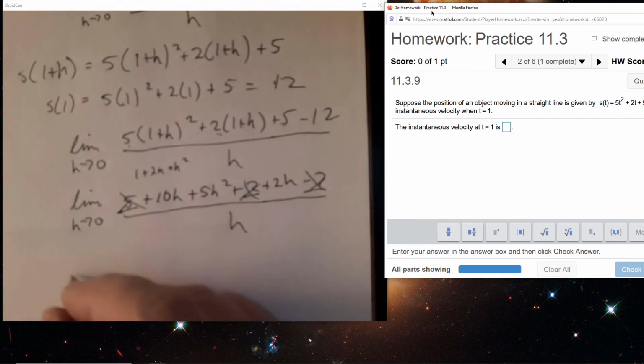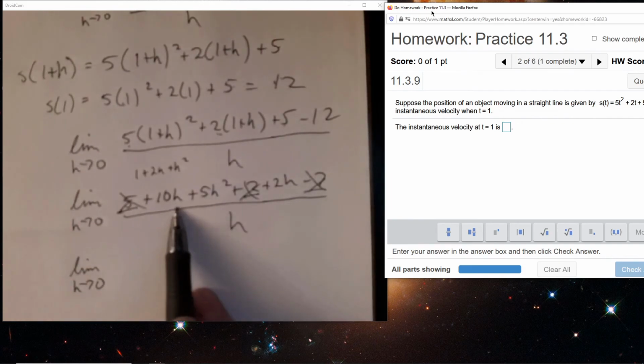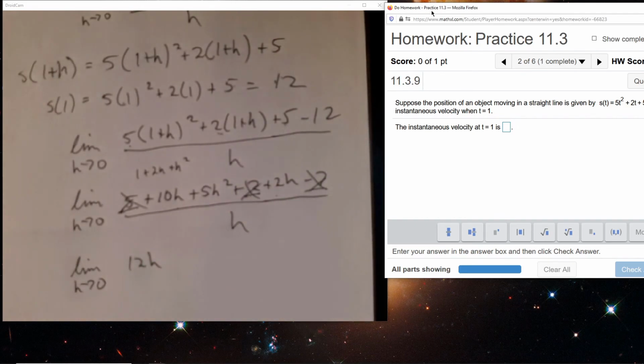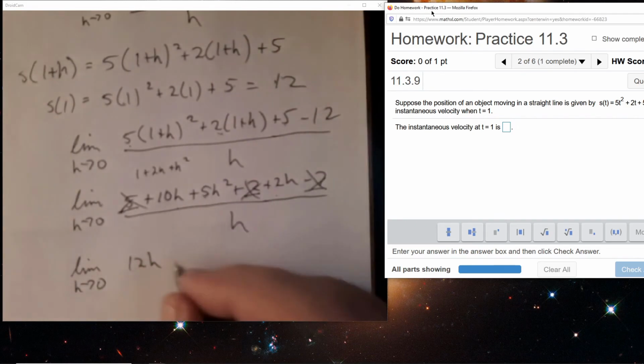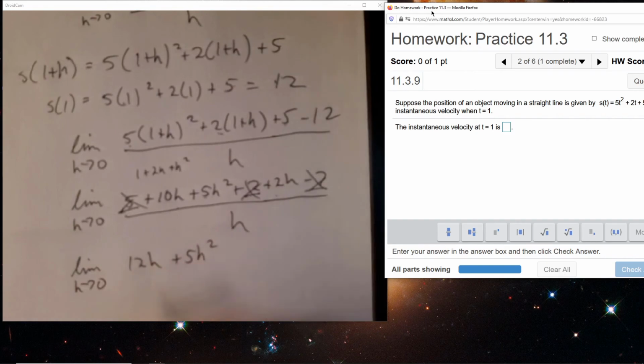And so what are we left with? We're left with 10h plus 2h. So that's 12h. And we have a 5h squared, all over h.